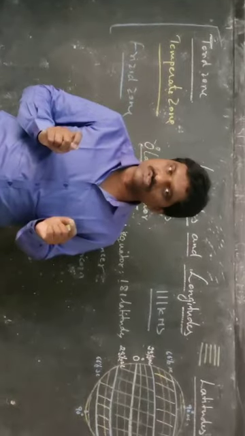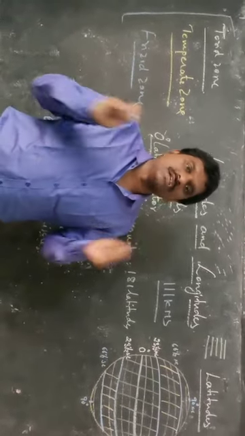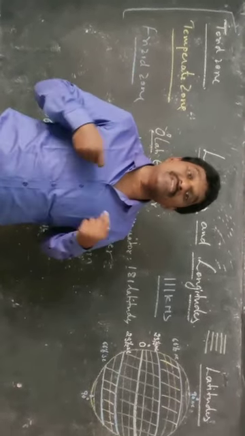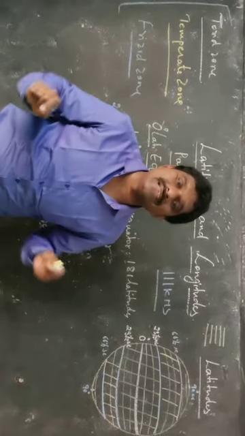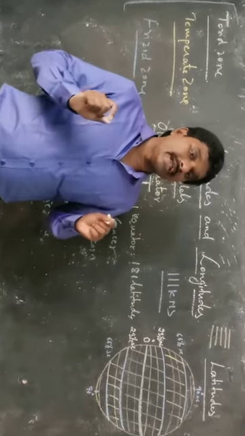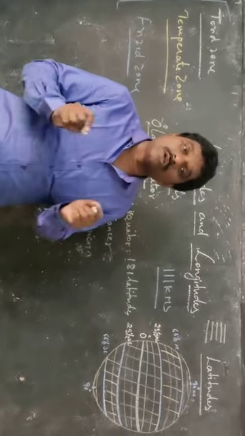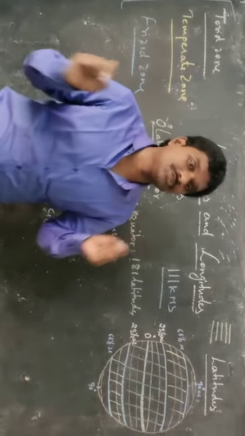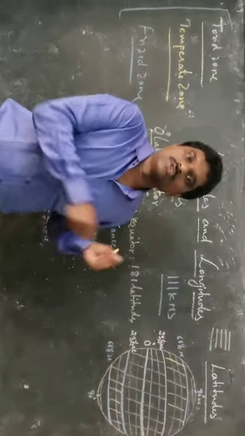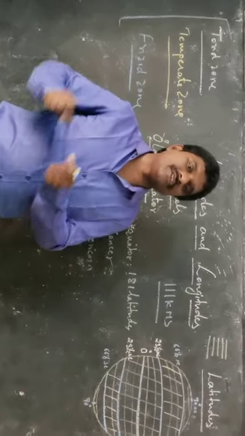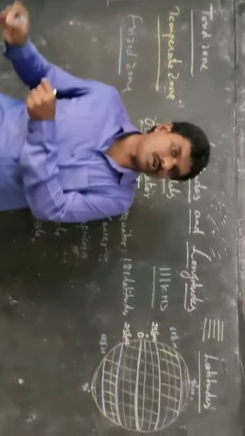What is the use of the latitudes? We can identify a place on the globe, and the latitudes divide the globe into three heat zones. The torrid zone lies between Tropic of Cancer and Tropic of Capricorn.